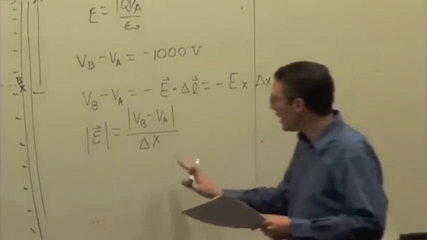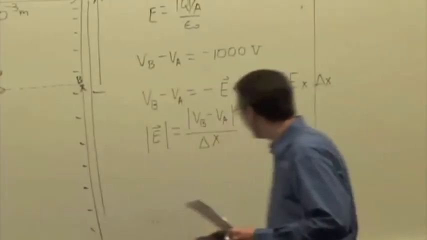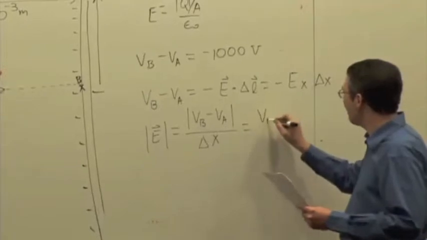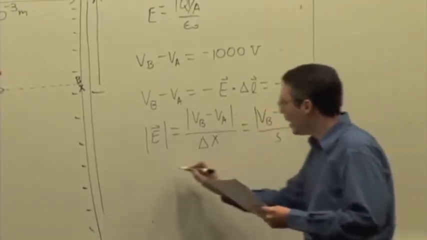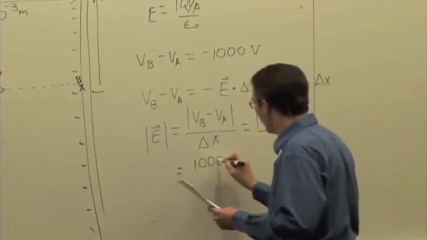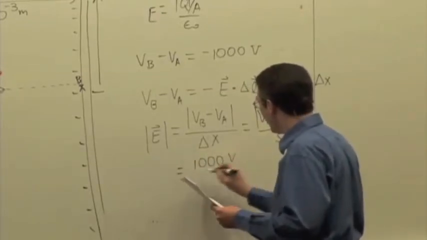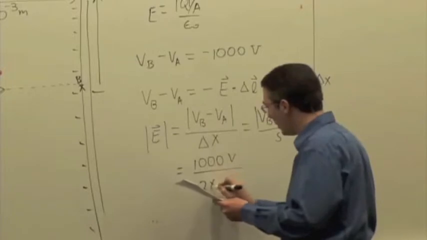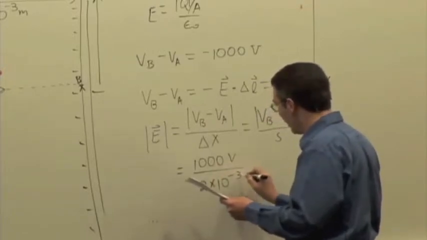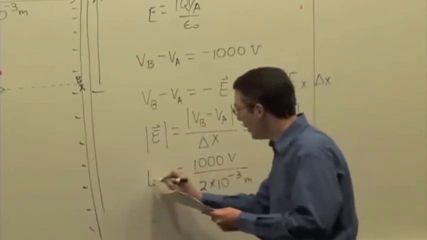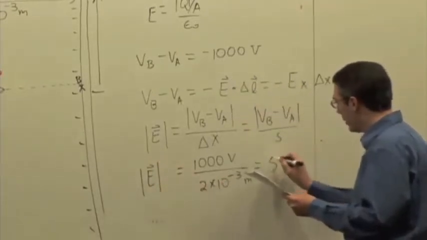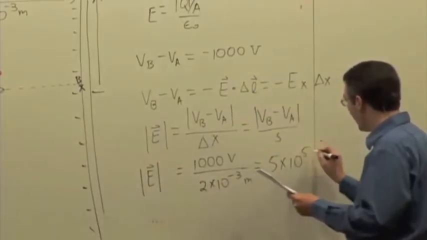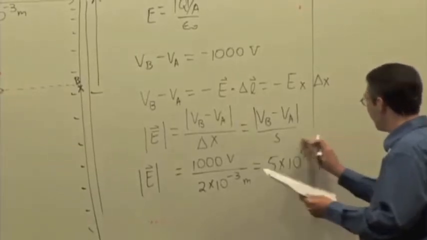So that delta x is the same as the distance S. Okay, that's the separation. So we have 1,000 volts divided by 2 times 10 to the minus 3 meters. And that gives you an electric field of 5 times 10 to the 5th volts per meter. Okay.